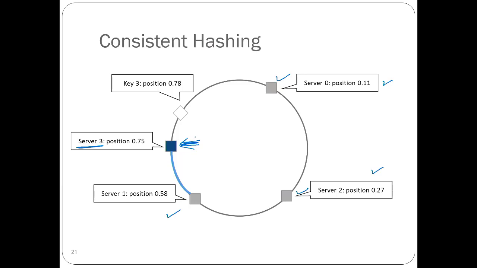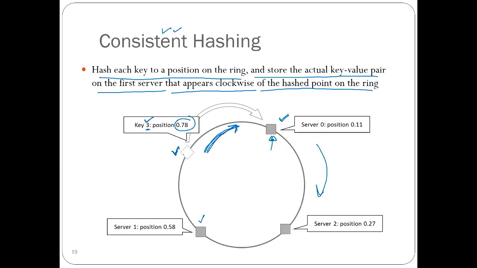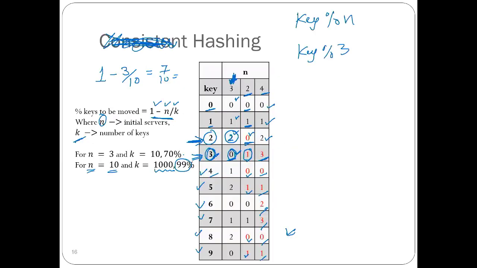Now let's think about it. When you put the server over here, what should you do after putting the server there? Do we need to remap the keys and values by putting one additional server? Did we do that in the modulo hashing? We did in the modulo hashing. We will have to move.